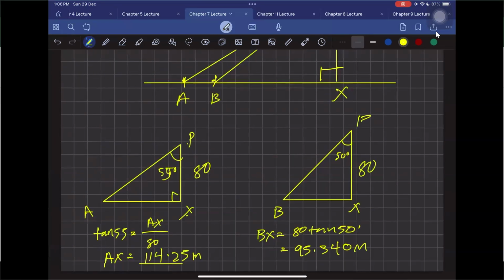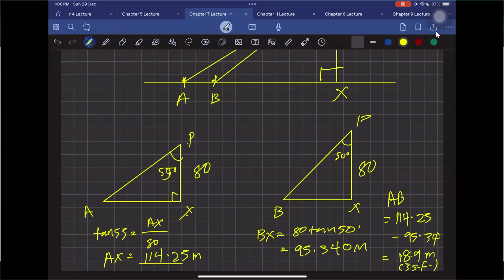So therefore, the distance between A and B equals 114.25 minus 95.34. And your answer is 18.9 meters to 3 significant figures.